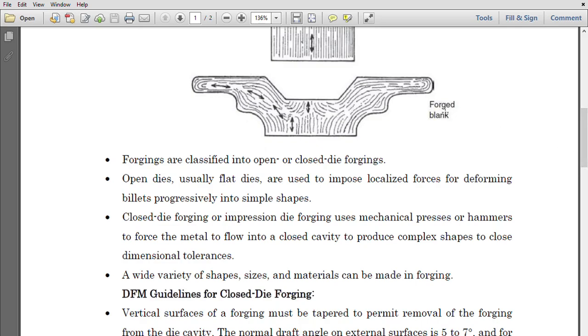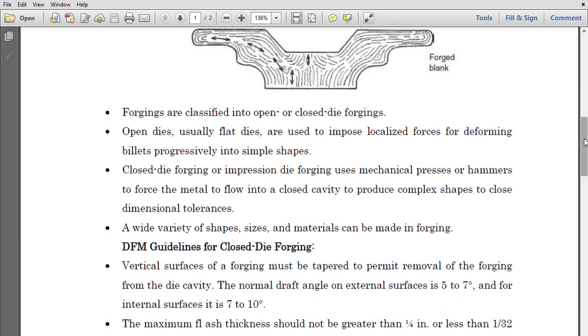In general, forging can be classified into two types: open die forging and closed die forging. In an open die forging, only a single die is used and the billet is made to progressively deform into the desired shape through a series of operations. In a closed die forging, we normally use two dies.